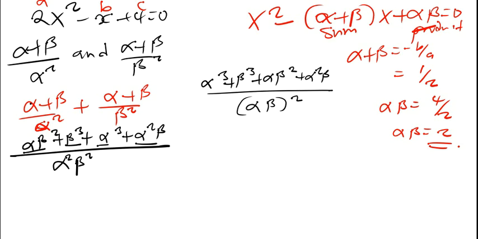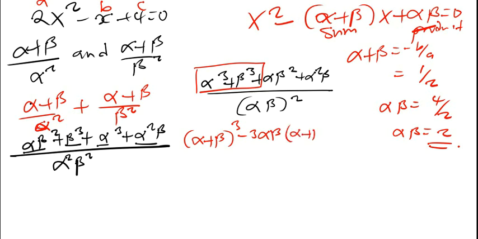We know that we have to replace this with something. Remember what I said? You replace that with alpha plus beta raised to the power 3 minus 3 alpha beta, open brackets, alpha plus beta. Now here you are going to factor out alpha beta for these two.